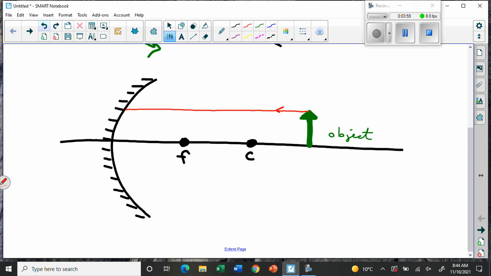So there's one incident ray of light that could come off the top of the arrow. And the rule is, since it's parallel to the principal axis, remember this line down here is the principal axis. It's just a reference line. It's not a real thing. But that means that it will actually bounce in a direction that is going through the focus or on a line through the focus.